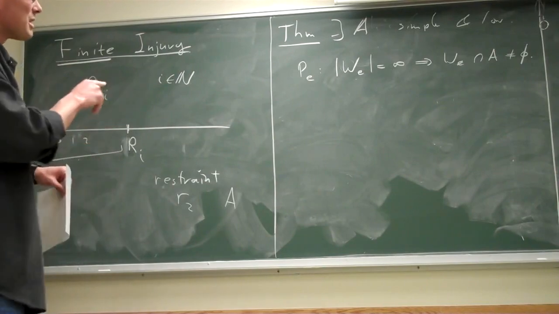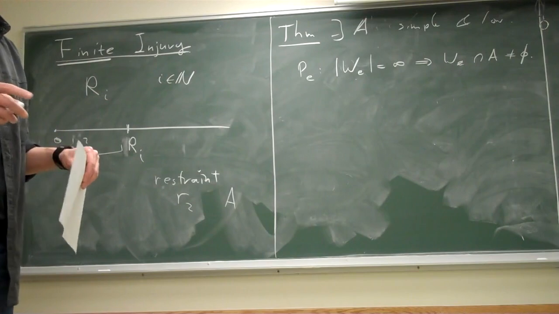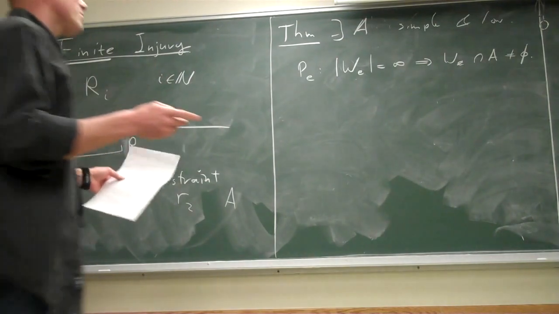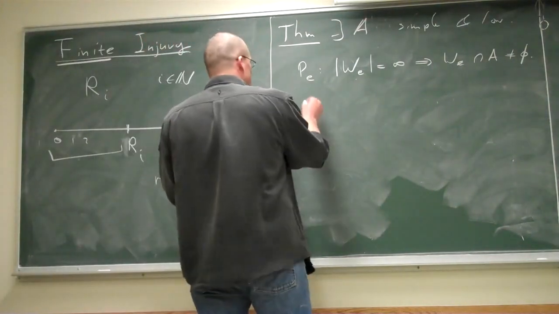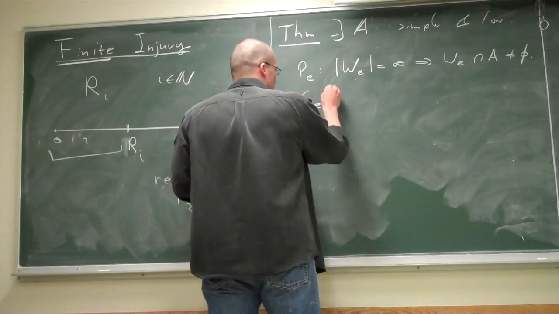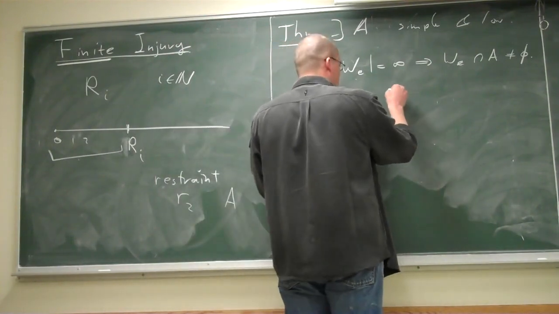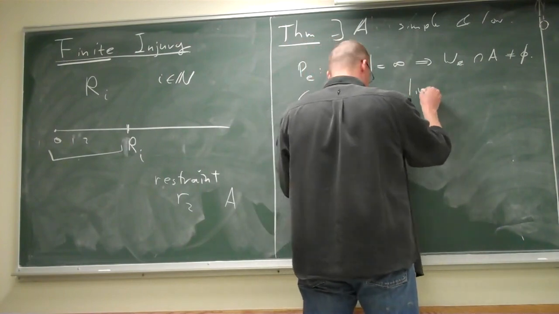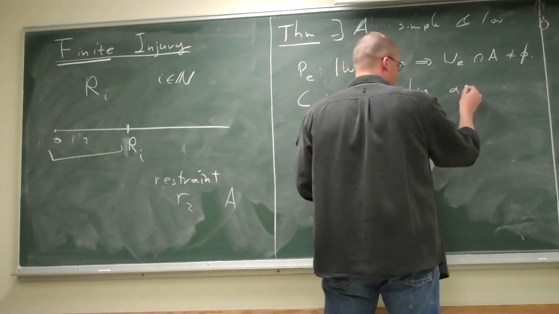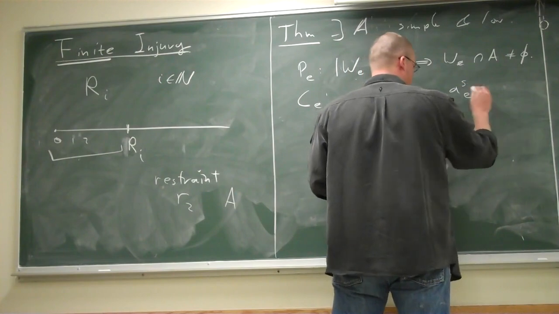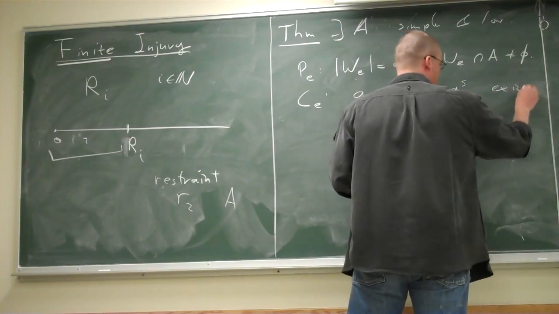It's not the case that if you satisfy P_E you are simple, because the set of all natural numbers satisfies P_E. But that's why we have these other requirements. C_E, which says that A_E is equal to the limit as s goes to infinity of A_{E,s} exists.